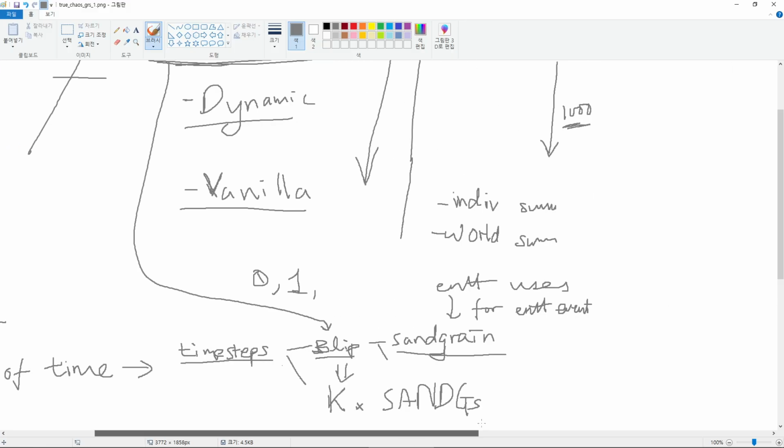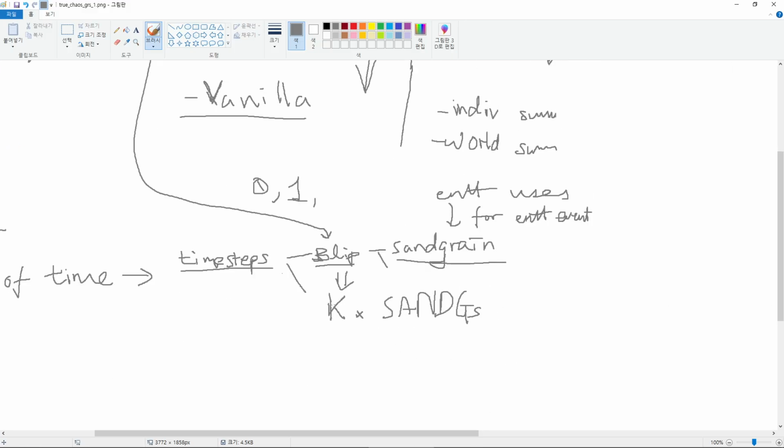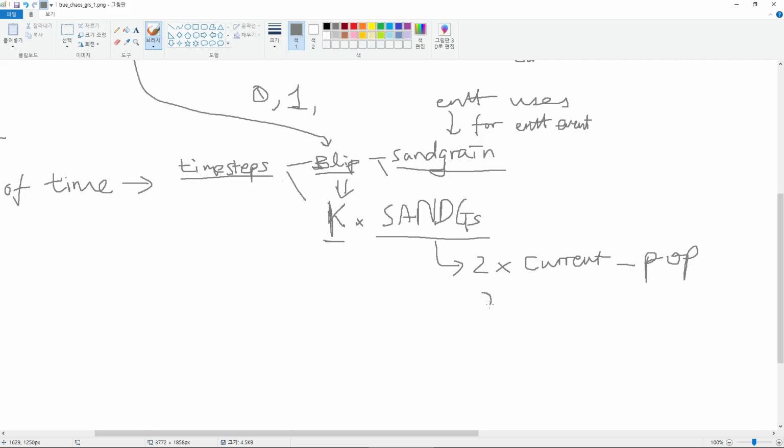So each time a new blip starts, it is filled or refilled with a certain amount of sand grains, and usually this amount started as 2 times the current population, and then there was a time when it was 3 times, 6 times the current population. I call this the sand grain multiplier, sand G multiplier.